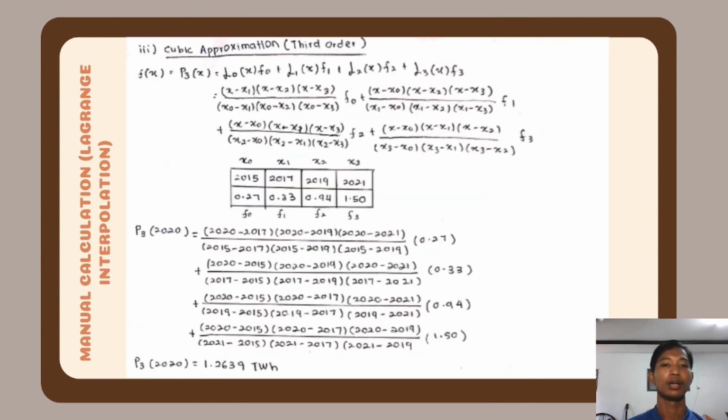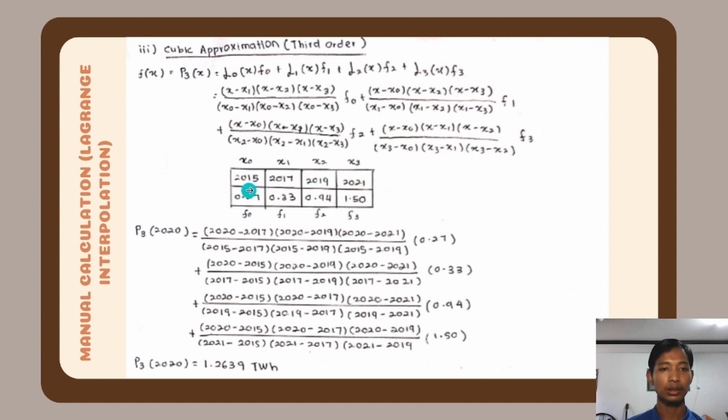Next, we have the third order of Lagrange interpolation, which is cubic approximation. This is the formula for the cubic approximation. As you can see here, we have four different inputs needed, so we need four data for this method. So we choose 2015, 2017, 2019, and 2021.